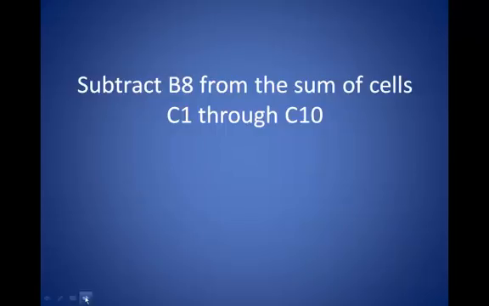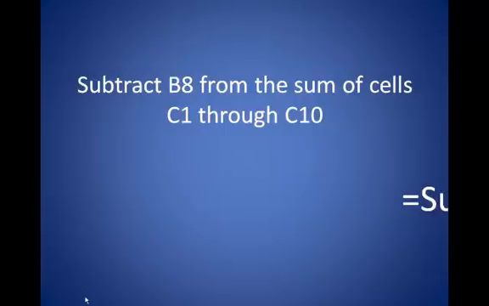All right, now here's the next one. We're going to subtract B8 from the sum of cells C1 through C10. Now remember, when you are writing formulas and functions, the very first thing that has to be there has to be the equal sign, because if you don't have the equal sign, then your spreadsheet's going to get a little confused.